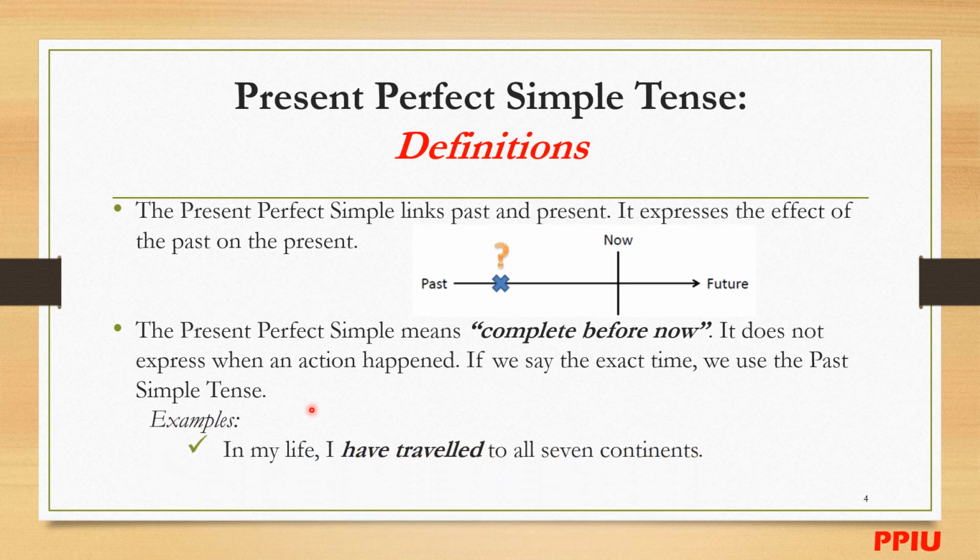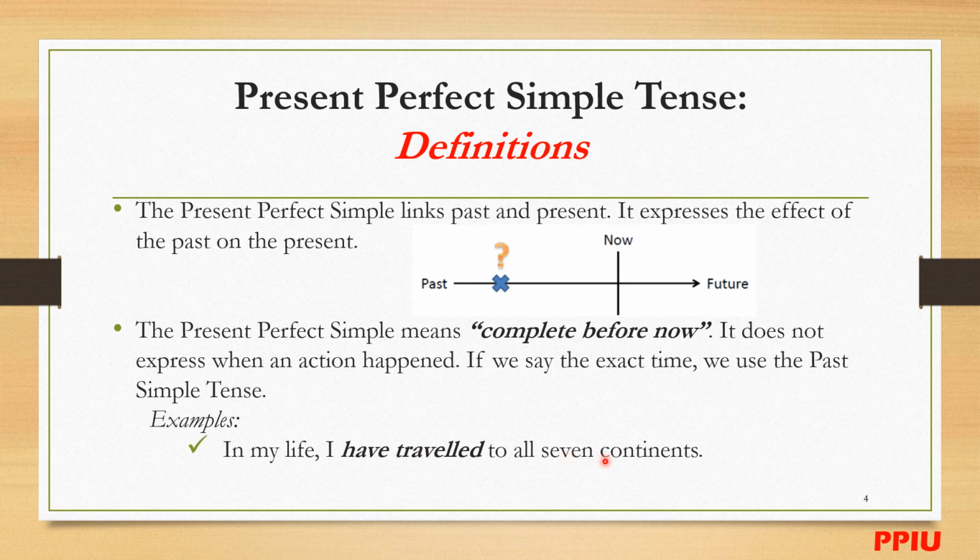You can look at this example. In my life, I have traveled to all 7 continents. We do not know the specific time that the speaker is referring to, such as how old he was when he started to travel around the first continent.